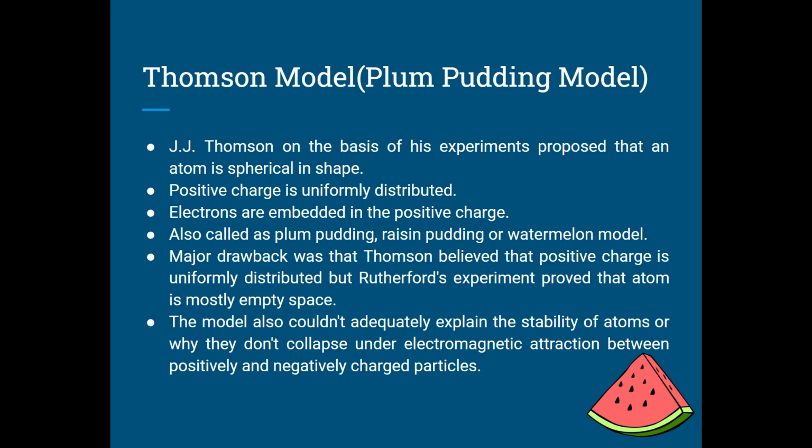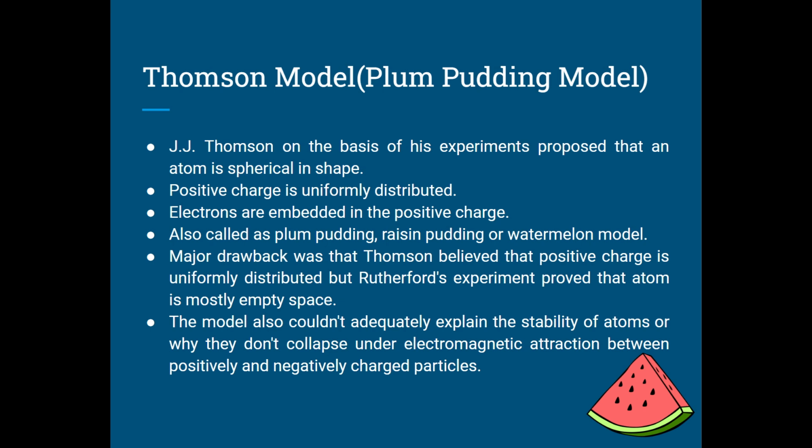We believe experiments more than what is merely said. Thomson just gave statements out of nowhere, while Rutherford did experiments, so we had to believe Rutherford. That's why Thomson's model was neglected. Now we are moving to the next slide.